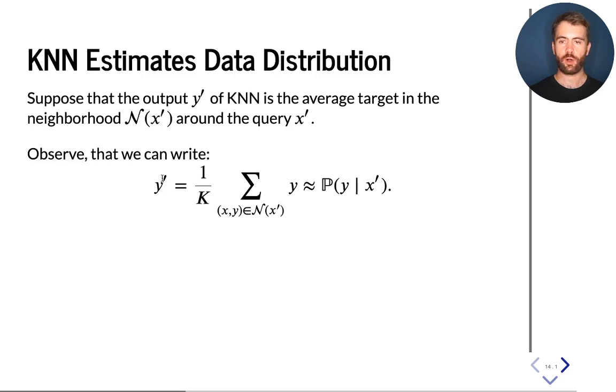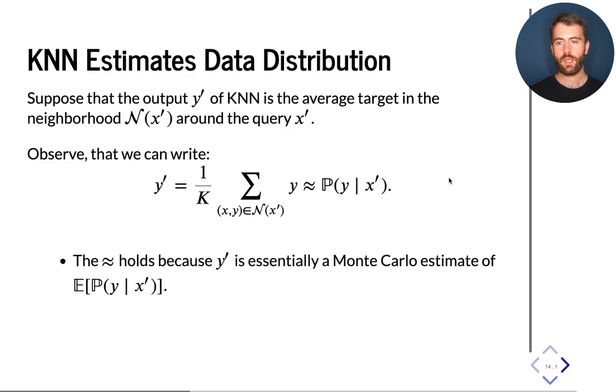Our output y prime consists of the average of the targets of the data points that are in the neighborhood. And I claim that this is actually an estimate of the conditional probability of y given x prime, where again the p here is our data distribution. And you can convince yourself why this is true by the following high-level argument.